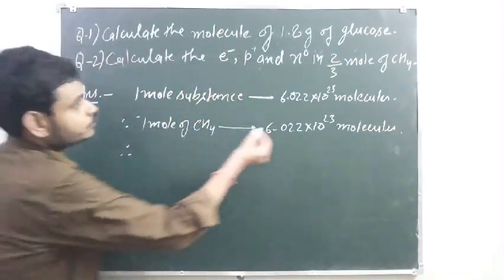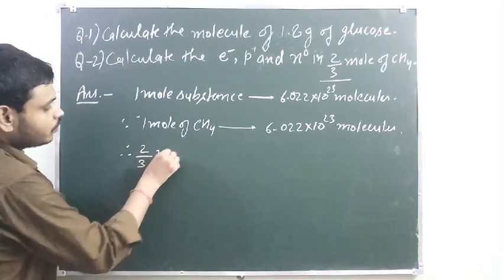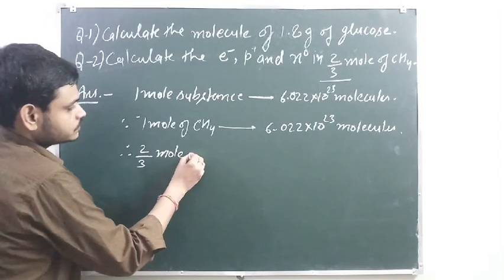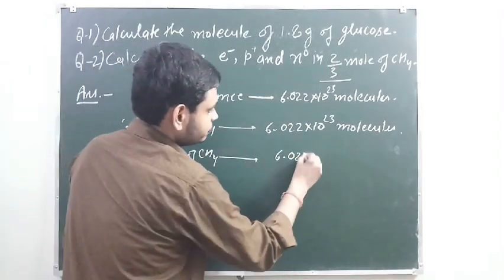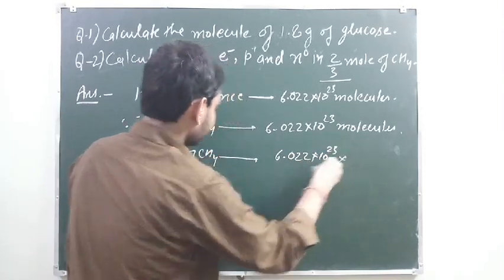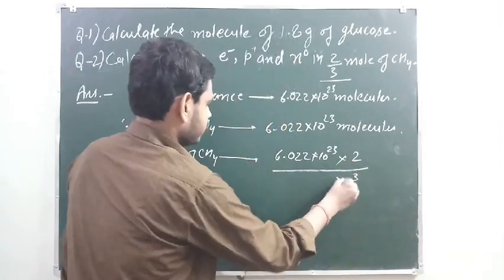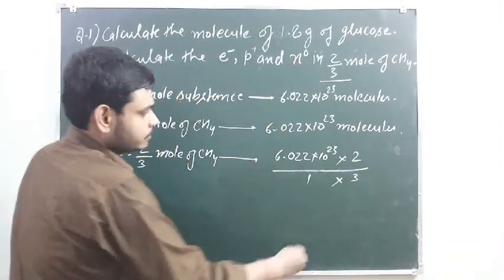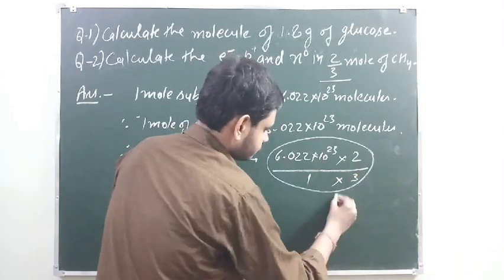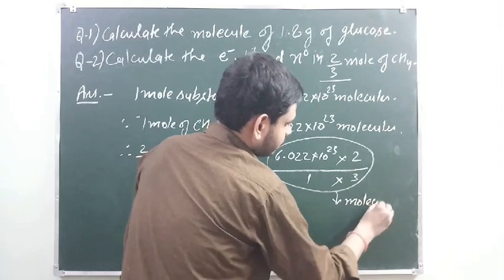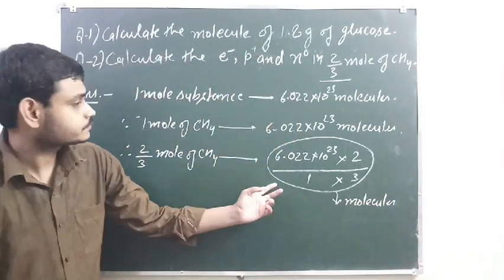Therefore, 2 by 3 mole of CH4 contains 6.022 into 10 to the power 23 into 2 by 3 molecules. Clear?